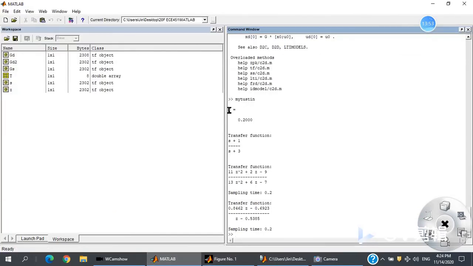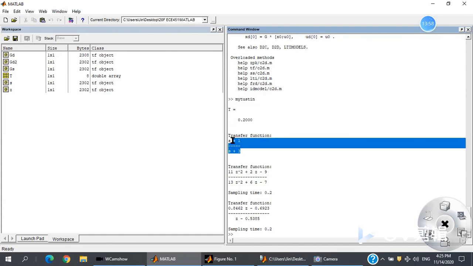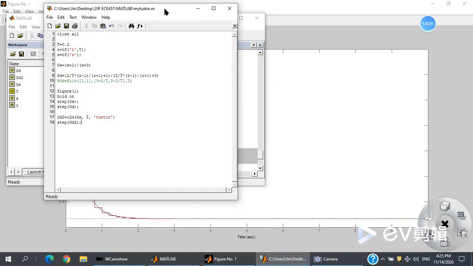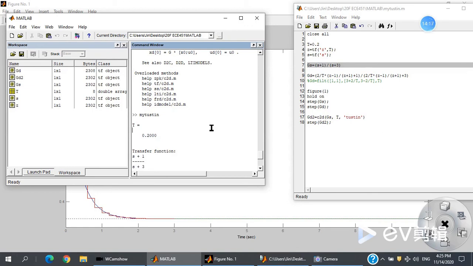When I run this, I use this T, and this is the transfer function when I define G of S. You can compare with the code here. Yeah. So this is when I define G of S, and then I define GD.